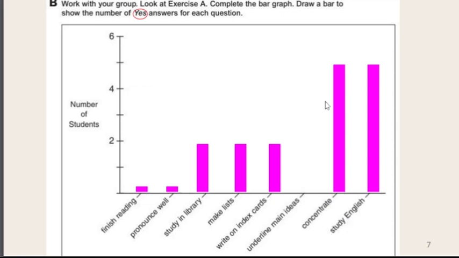And 5, concentrate when they read. And 5, study English.